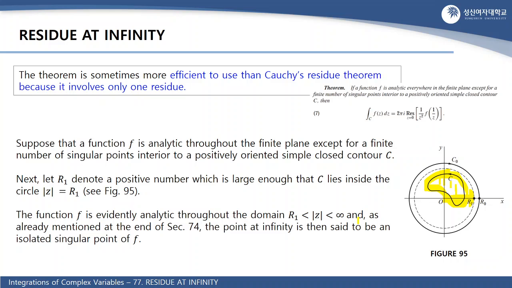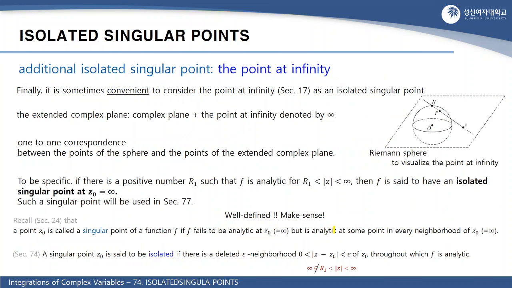and we know at the end of section 74 we considered a point. It's called the point at infinity, which is an isolated singular point of f. Okay, we revisit that part here. We have defined another additional isolated singular point, the point at infinity.